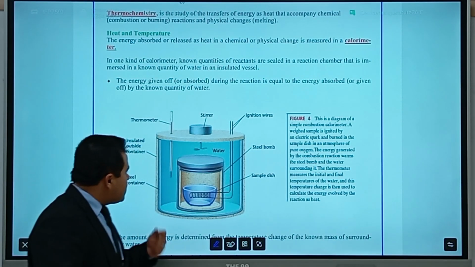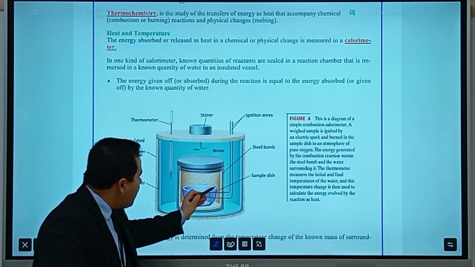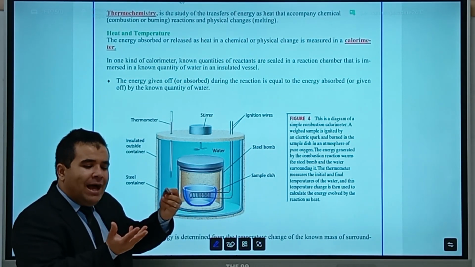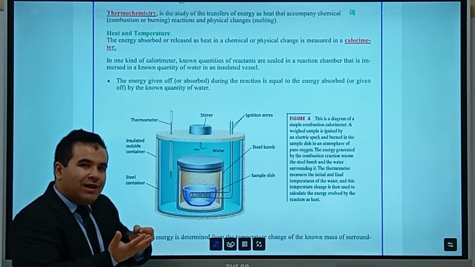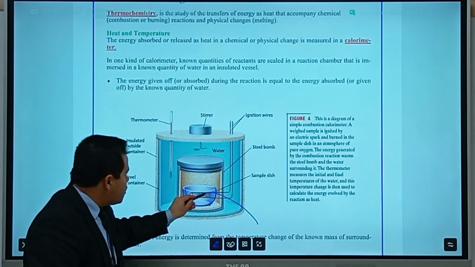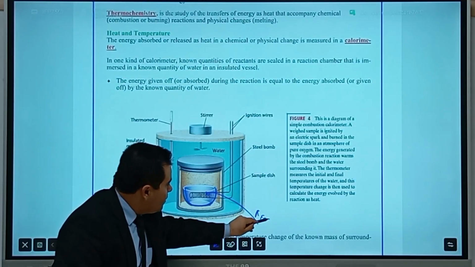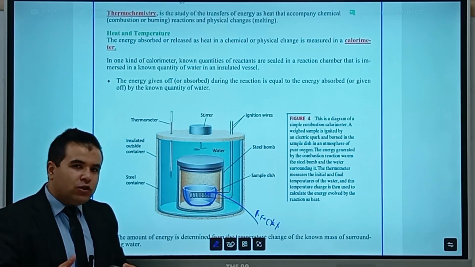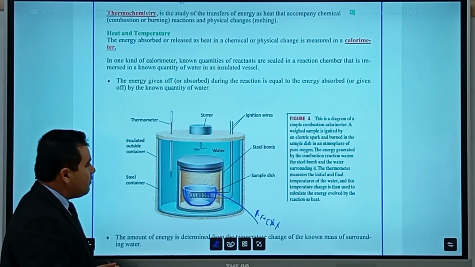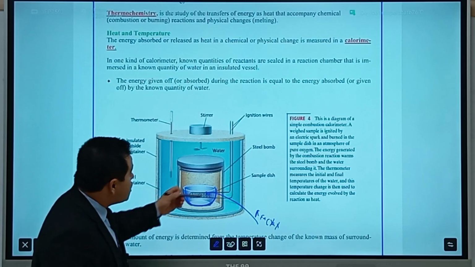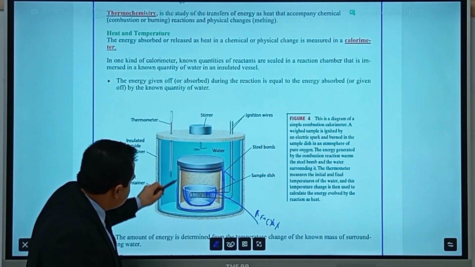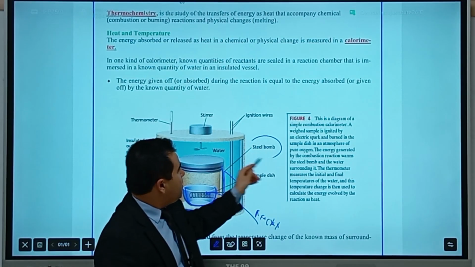Guys, in a calorimeter, first of all, the main unit is what we have: a sample dish. We add the chemicals to that sample dish to react. So we add the reactants to this sample dish. Reactants are those chemicals that we want to react to produce the product. Around the sample dish, we have a steel bomb.